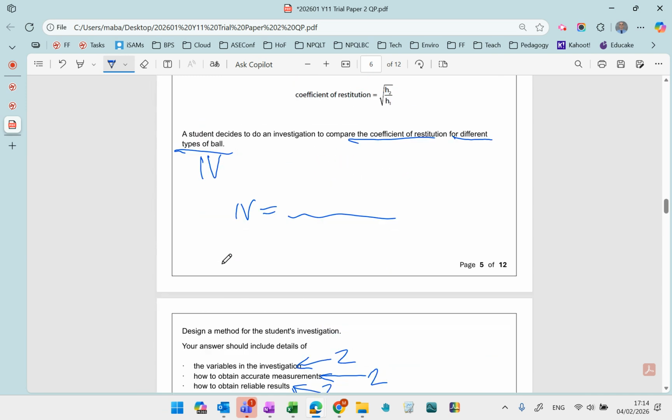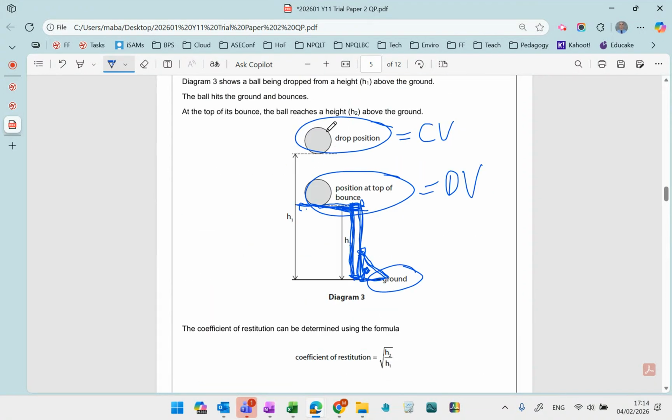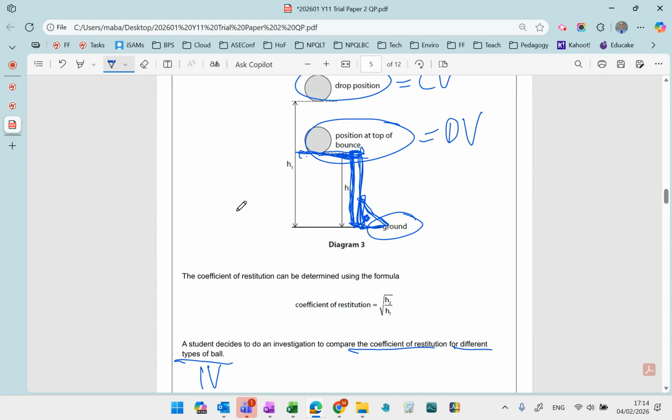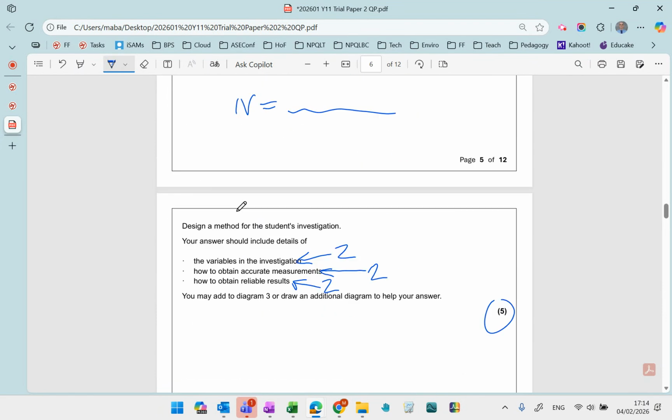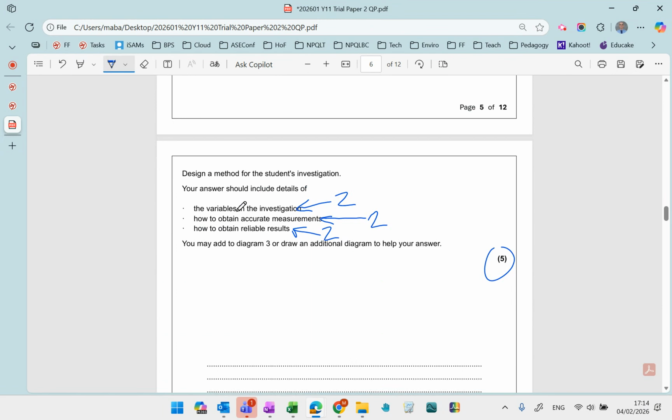My bad. So taking multiple repeats for each different type of ball. Then identifying any anomalies in the data and removing them. And then, after you've identified the anomalies, calculating a mean or average value. So again, three ways that you could have scored the marks for reliable results. Any two from those would have done.